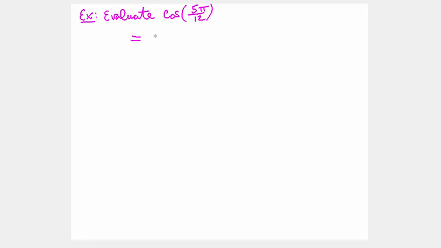Couldn't we write cosine of 5 pi over 12 as the cosine of 3 pi over 12 plus 2 pi over 12? According to basic fraction arithmetic, these have an LCD of 12, so adding them together, 3 pi plus 2 pi would give us 5 pi. So indeed, those are equivalent, and furthermore, we can reduce each one of those to special arc length values.